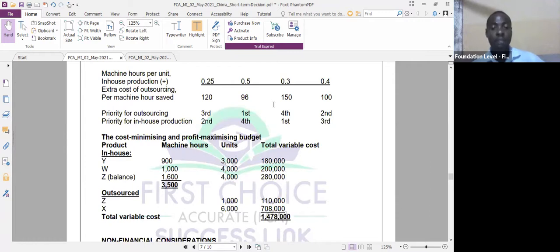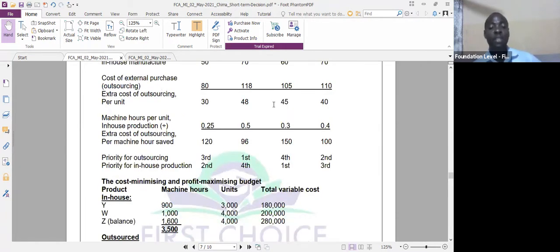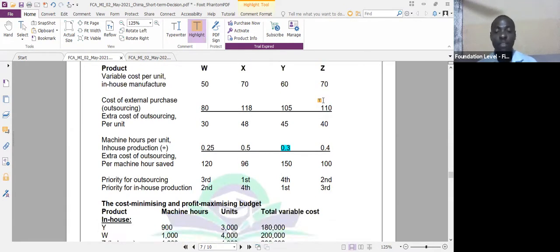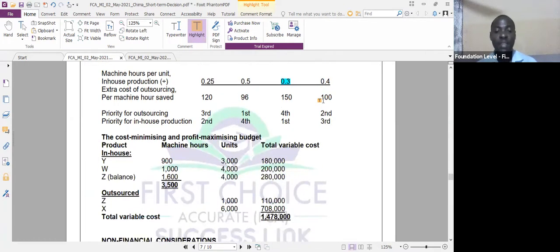For Y, machine hours per unit is 0.3, the 0.3 that we have here, multiplied by the number of units for Y, which is 3,000 units, as you can see in this situation here.